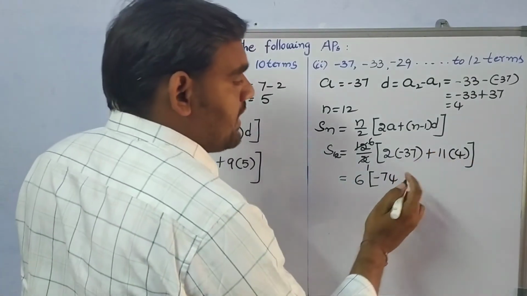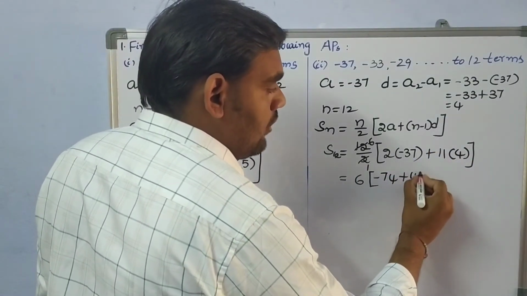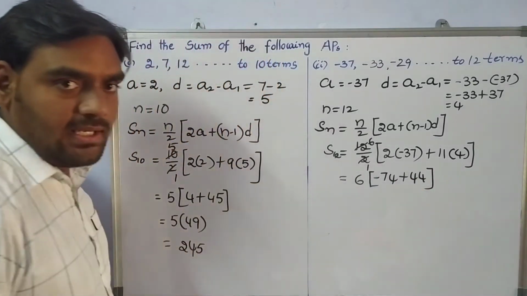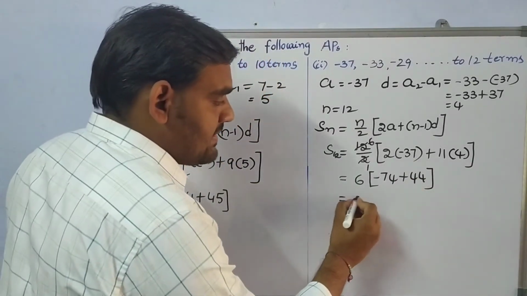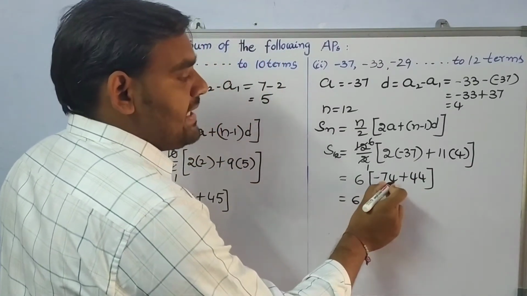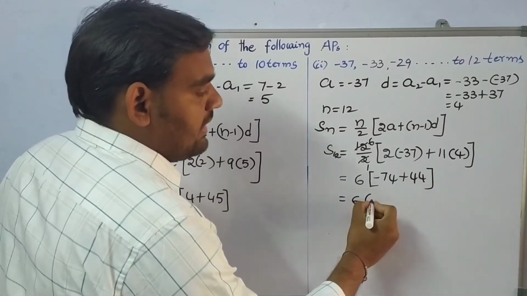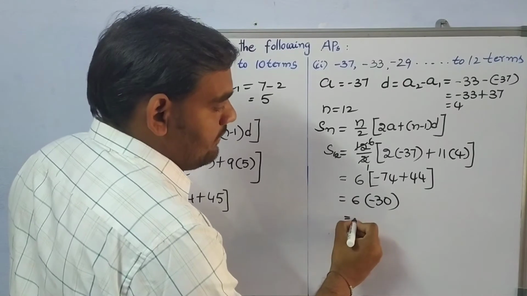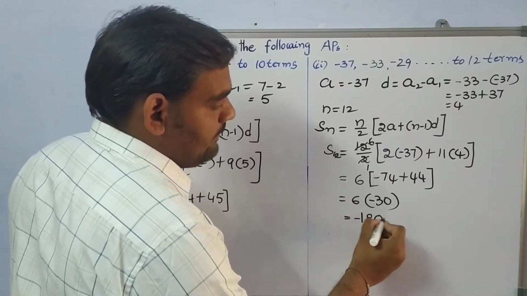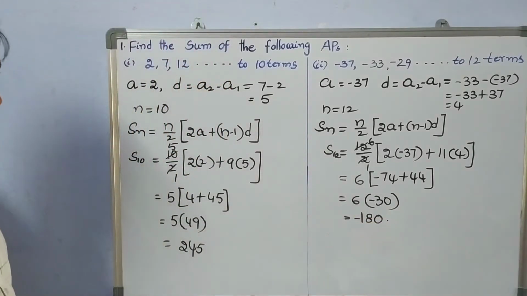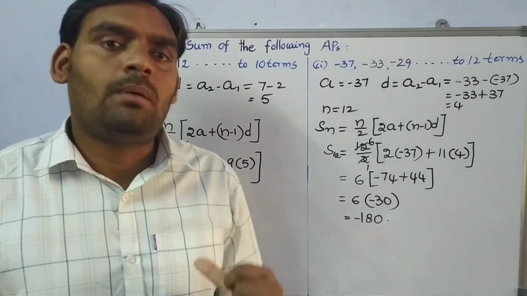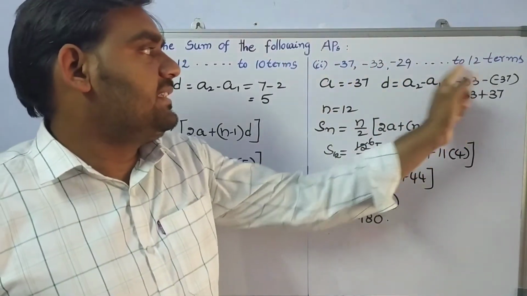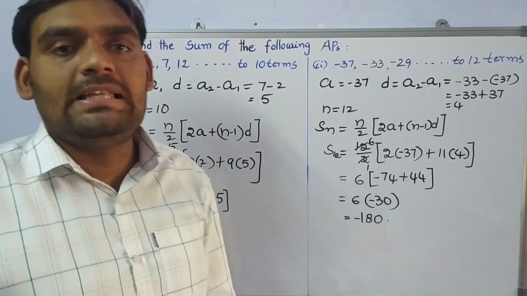Next, 11 fours are 44. Is it clear or not? Next we will get 6 into minus 74 plus 44. We will get minus 30. So 6 into minus 30 we will get minus 180. The sum of 12 terms in this arithmetic progression is minus 180.